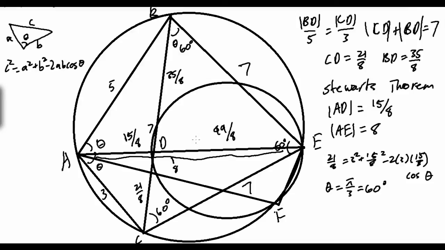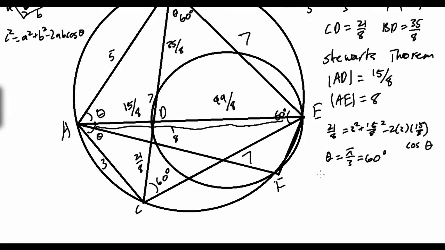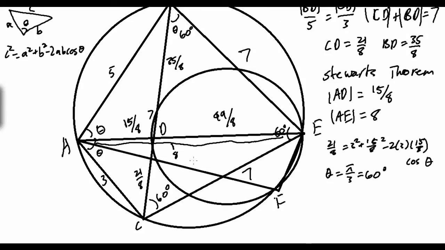Okay. Now that we know this, let's keep going. So I'll have to scroll down a tiny bit. Oh shoot, I'm running out of room. Sorry. So let's keep going. We use law of cosines again, this time in terms of AEF, and we know that AE squared equals AF squared plus EF squared minus 2 AF EF times cosine AFE.